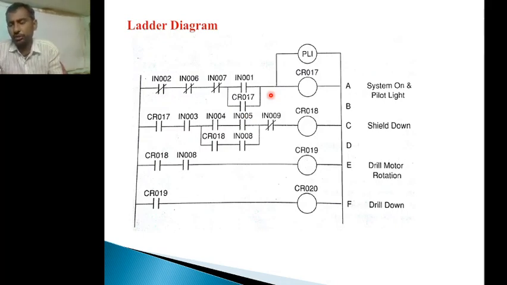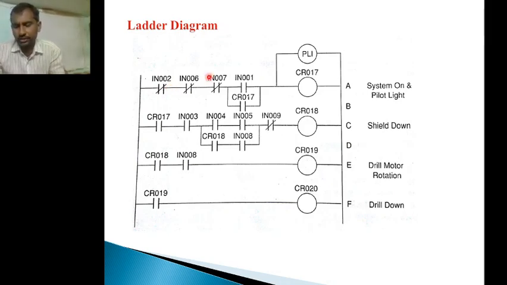So by using these input values and output values, we can draw a ladder diagram which is inserted in the PLC CPU. So what does this ladder diagram represent? Here IN002 is the system stop button, IN006 is the left stop button, and IN007 is the right stop button.